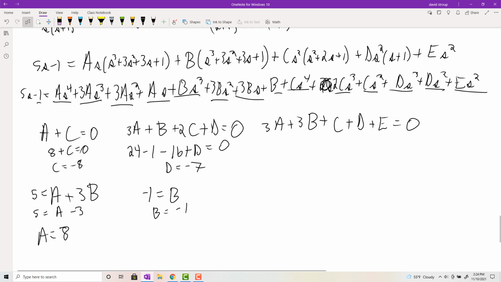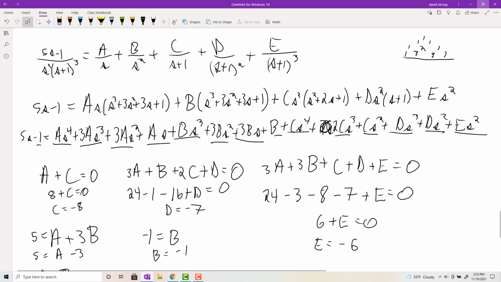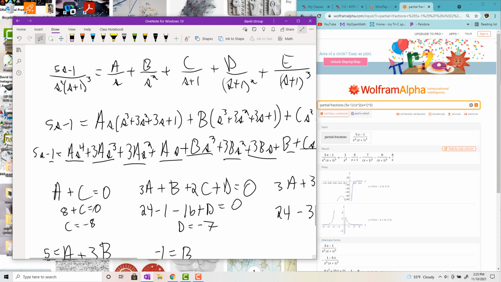And then finally 24 minus 3 minus 8 minus 7 plus e equals 0. So it's 10 minus 18. So 6 plus e equals 0. So e equals negative 6. So we should have negative 6 over x plus 1 cubed. And I think I got them all.